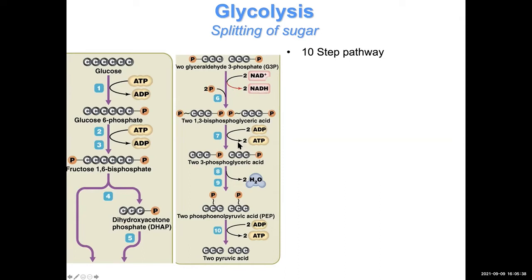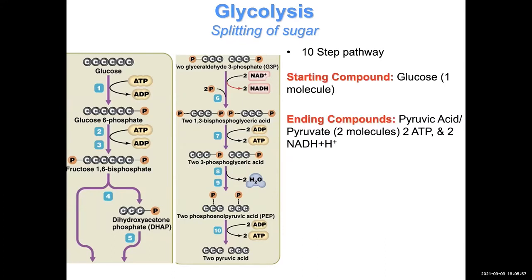So when we take a look at this pathway, we see that our starting molecule is glucose. And when it's all said and done, we're going to end up with 2 3-carbon molecules of pyruvic acid, also known as pyruvate.